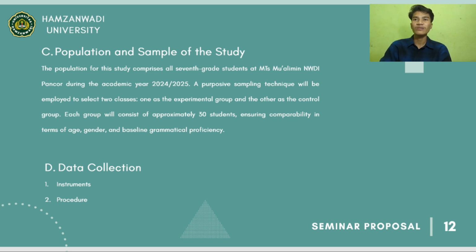Over 6 periods, the experimental group will use Kahoot in grammar lessons, while the control group will follow the traditional instruction method. At the end of the intervention, both groups will take a post-test. And C, data collection: collect pre-test and post-test scores, and administer the questionnaire to the experimental group to gather qualitative data on student engagement and motivation.